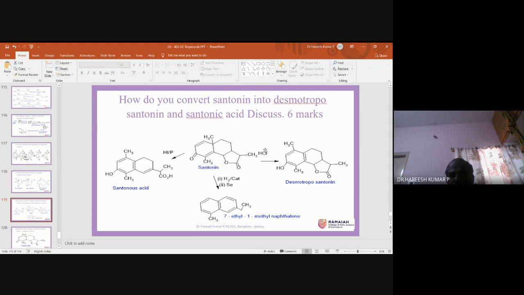Santonin on treating with HCl is converted into desmotroposantonin. You know that the first ring here is not aromatized, but this one is aromatized. That is the only difference. Other things are the same.